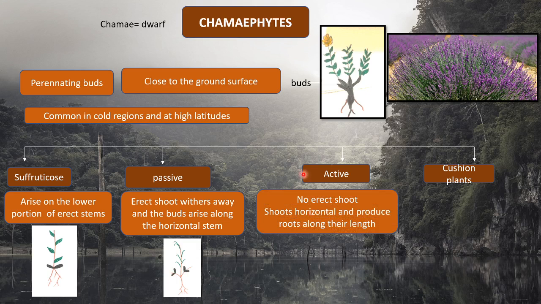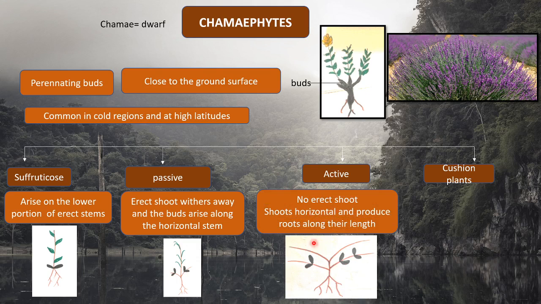Then next is active chamaephytes. Now here there is no erect shoot. As you can see, in the previous two there were erect shoots present, but here there is no erect shoot; only horizontal shoots come out and the buds are produced on these horizontal shoots, right? So there are only horizontal shoots present, no erect stem.